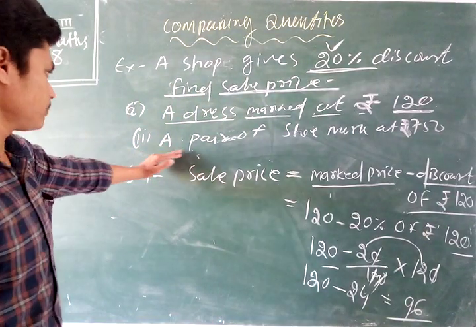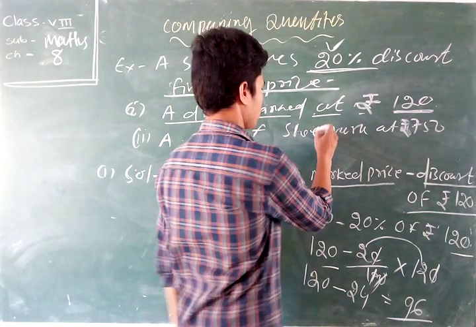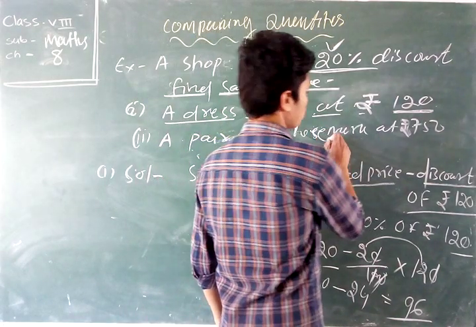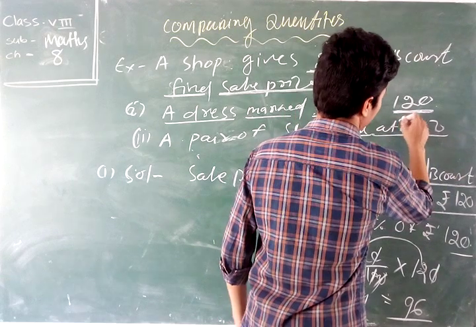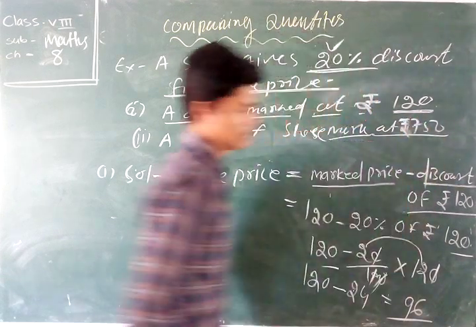Okay. First, a pair of shoes. A pair of shoes is marked 750. Then we want to find the sell price.